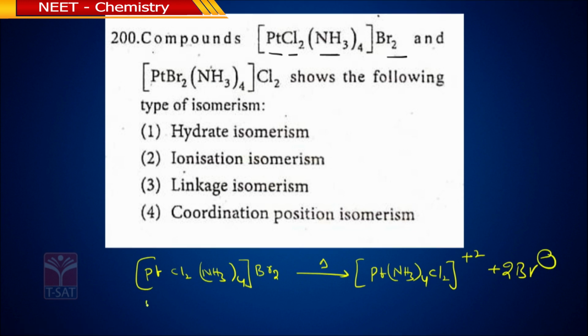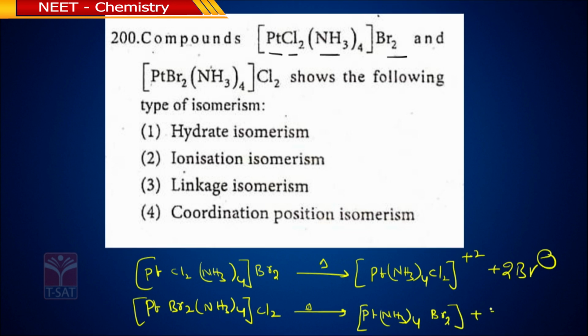And the other compound is Pt with Br2 inside, NH3 taken 4 as it is, and Cl2 outside. If you ionize it, you will get [Pt(NH3)4Br2] with +2 charge and 2Cl minus outside.